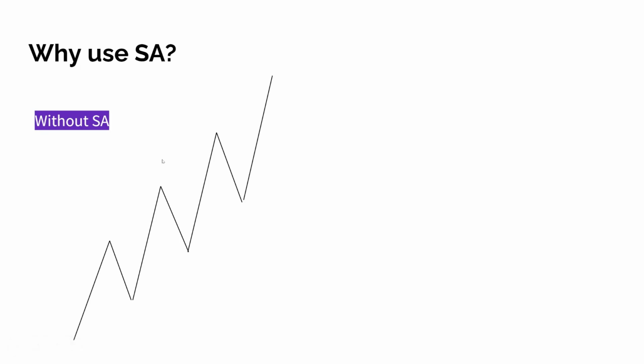So say I would make $10,000, I would give back $5,000, make another $10,000, give back $5,000. It was wild. But once I started understanding this and implementing it, the equity curve became a lot smoother. So my pullbacks now would only be around 20% or 25% compared to 50%.